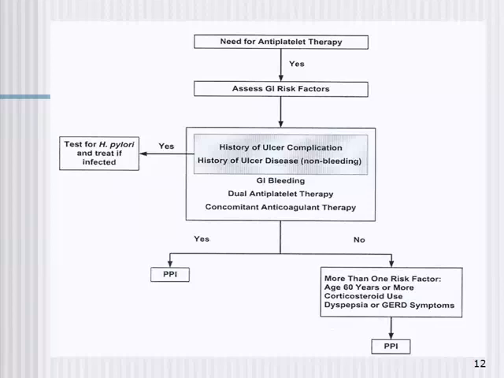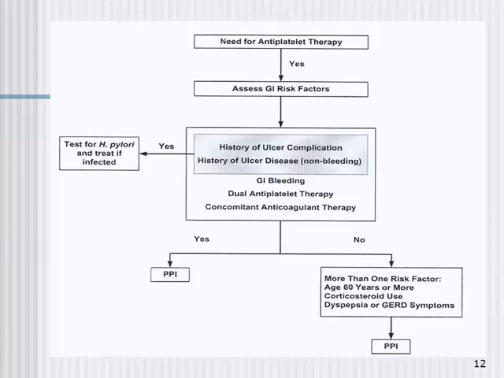And so you start with patients who, yes, they need antiplatelet therapy. Do they have GI risk factors? Well, if they have a history of ulcer complications or ulcer disease, have they been tested for H. pylori?